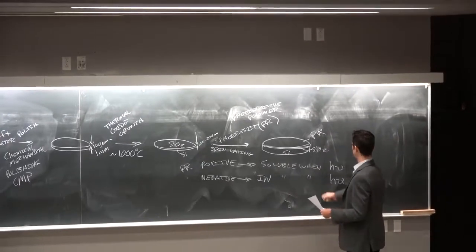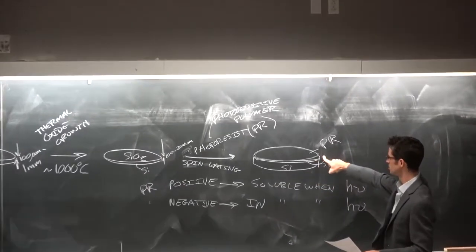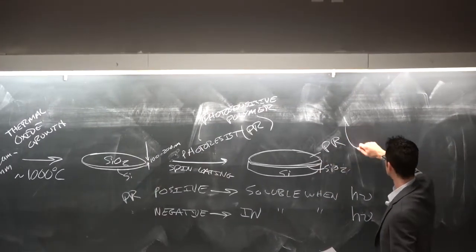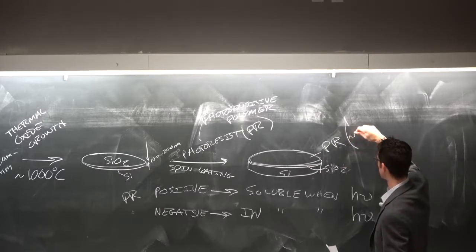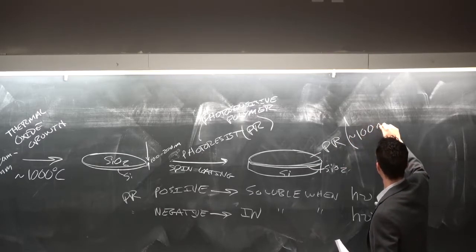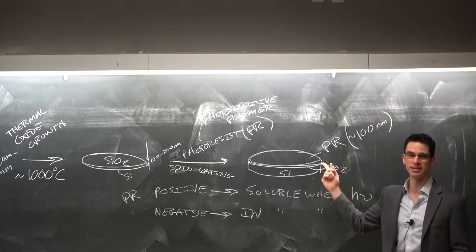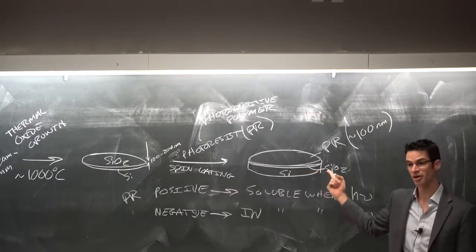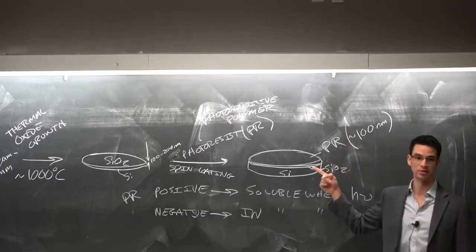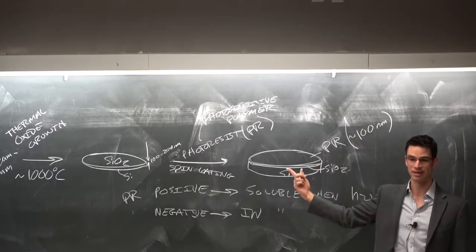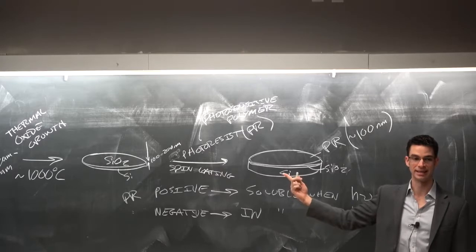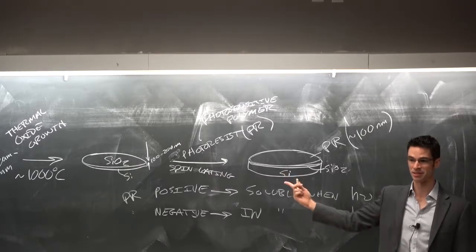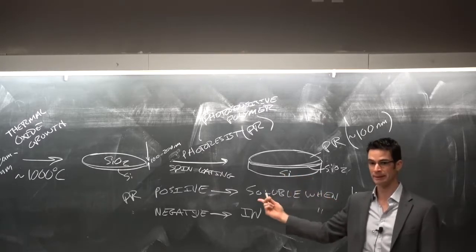Okay, now we have silicon, SiO2, photoresist. The photoresist film is also on the order roughly of 100 nanometers, but it could really be anything depending on what you need it for. Sometimes you need the topography of the photoresist film in order to, for example, stamp devices like in an optical storage media.